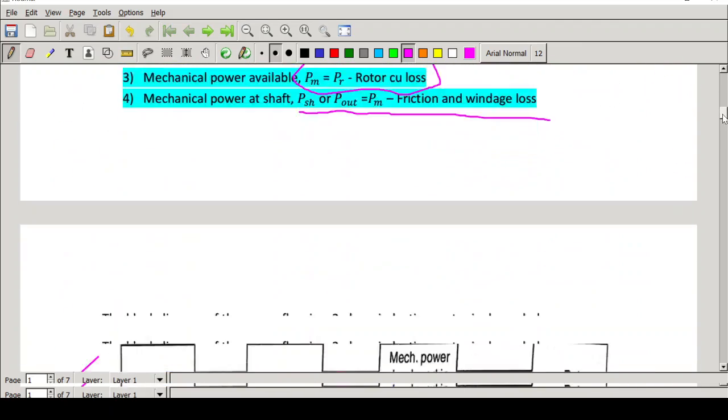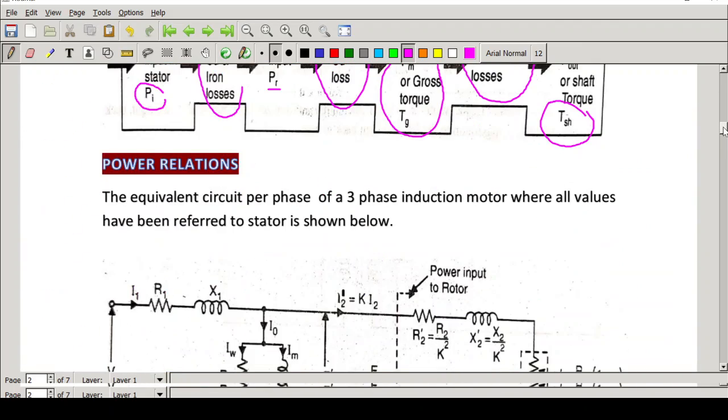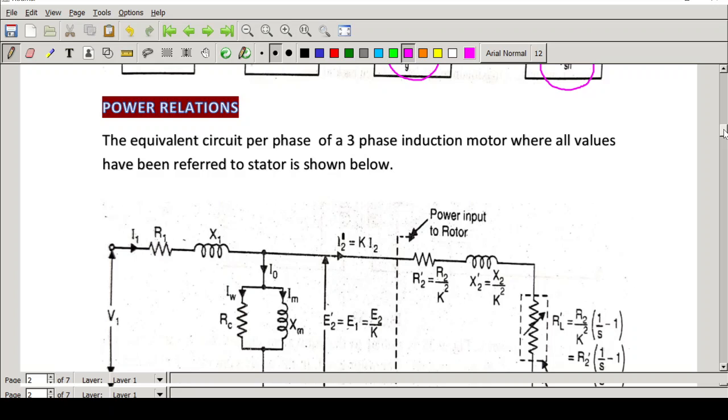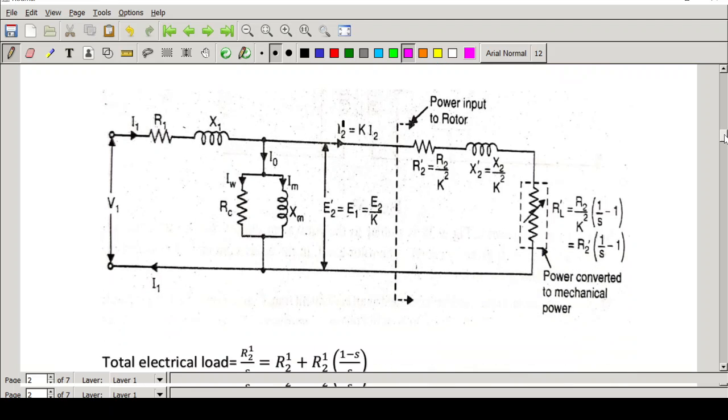Next we will move on to some very important equations. For that we will start from the equivalent circuit. We will revisit the equivalent circuit diagram of a three-phase induction motor. The values given here represent per-phase values. Here V1 is the stator input voltage, and I1 is the current drawn from the supply, R1 is the stator resistance, X1 is the stator reactance, and here we have the no-load current.